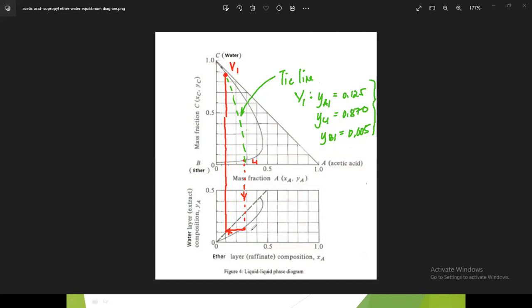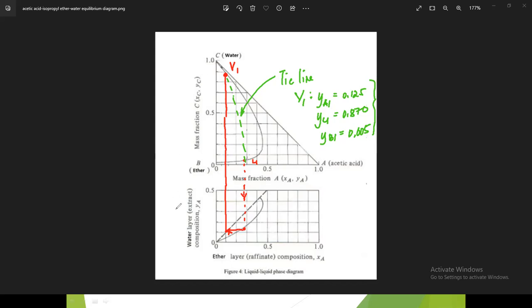Now, before we go back to our Jamboard, do you have any question as to the procedure that is being done here in finding the location of the extract layer? Okay, so none. So please take note of the corresponding composition of your extract layer after we have done the construction of the tie line using this particular diagram.